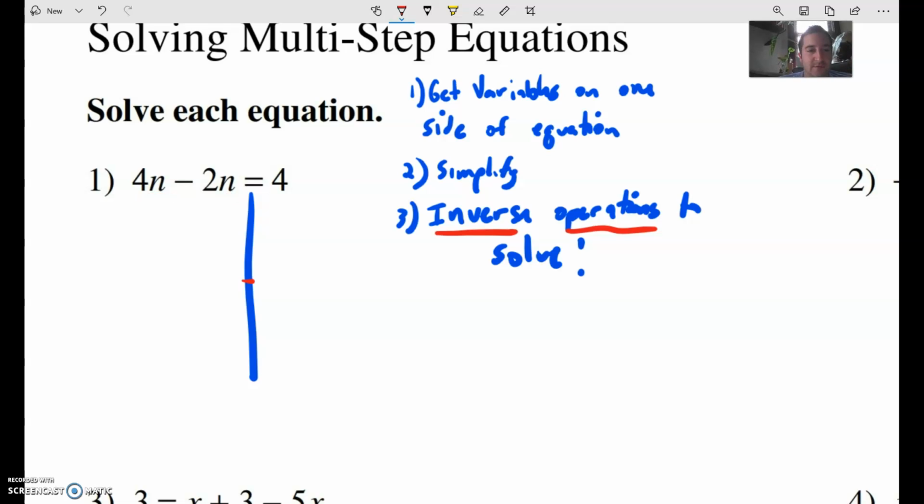Those are like terms. That's going to become 2n equals 4. And now I am ready to use inverse operations to solve. 2 multiplied by n, I need to divide to get that to cancel. n equals. But if I divide on the left, I got to also divide on the right. 4 divided by 2 is 2.